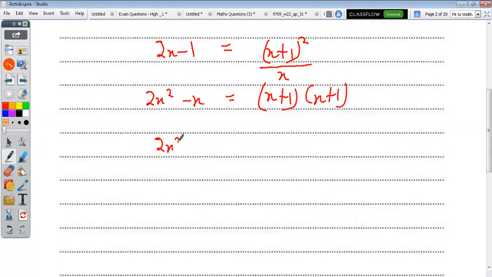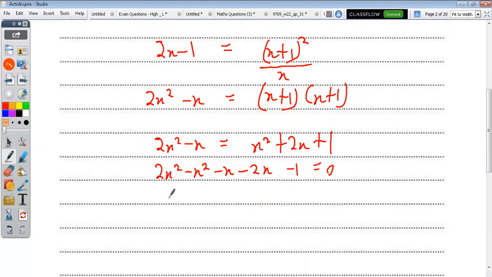So 2x squared minus x is equal to x squared plus 1x plus 2x plus 1. Then this becomes 2x squared minus x squared minus x minus 2x minus 1 is equal to 0. So we got x squared minus 3x minus 1 is equal to 0.